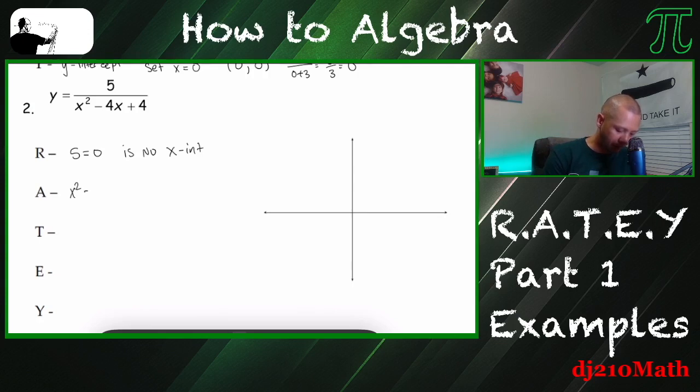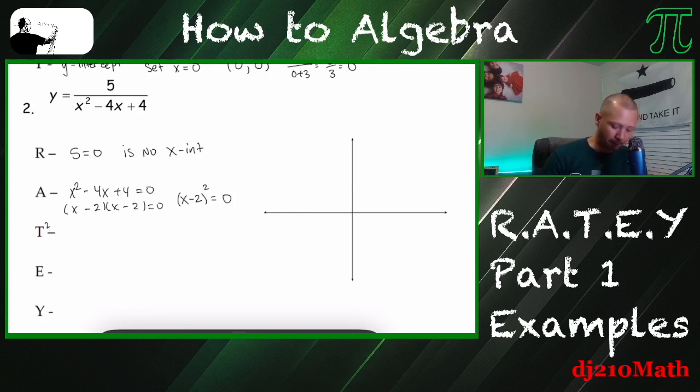Second part, set the bottom equal to 0. All right, we have a quadratic, so I'm going to try to factor this. Two numbers that multiply to 4 and add up to negative 4: negative 2 and negative 2. So notice there are two x minus 2 factors, so x minus 2 squared. This is what I mean by the third item, looking for the square, but look, this is a squared factor.